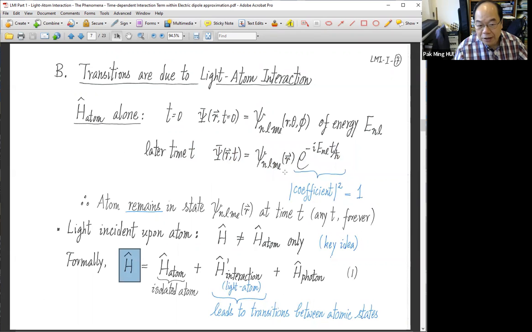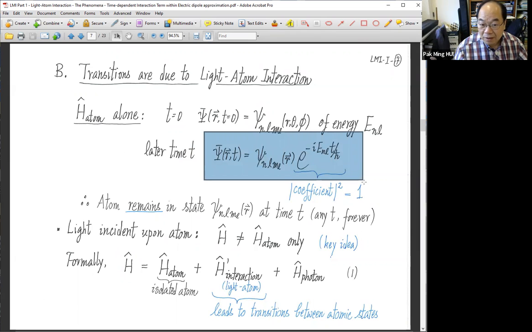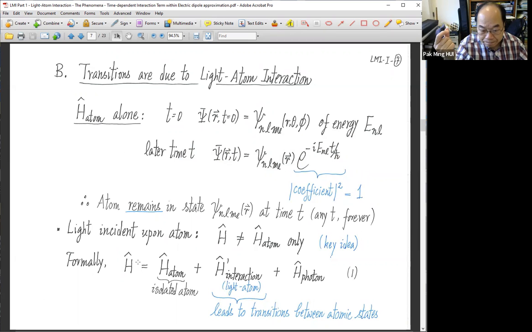Therefore, it is bound to change. Schrödinger quantum mechanics, nothing fancy. Okay, good. So take-home message: the Hamiltonian has an interaction term. And this interaction term is responsible for transitions to happen.